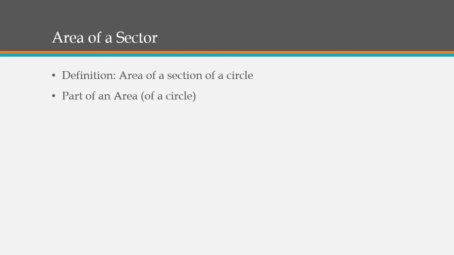Now let's take a look at area of a sector. It's the area of a section of a circle, so it's pretty much going to have the same premise as what we did with arc length. It's part of an area. So area of a circle is pi r squared, as you well know.